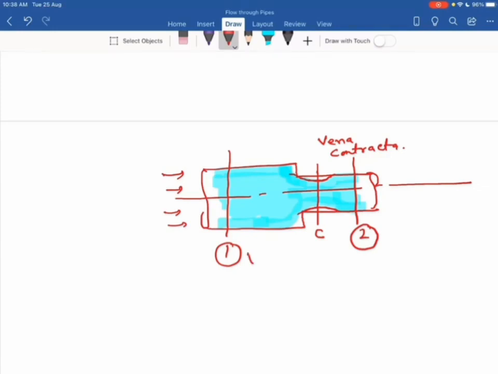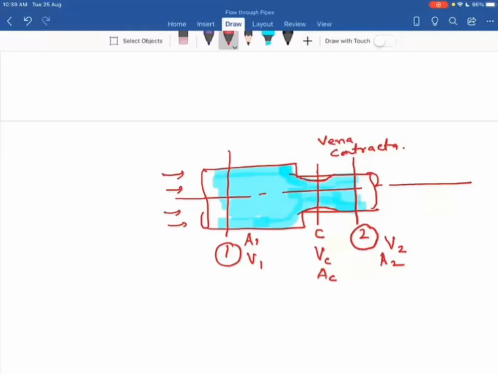At section 2, velocity V2. At section C, velocity VC. Cross-sectional area at section 1, A1. At section 2, A2. At section C, AC.